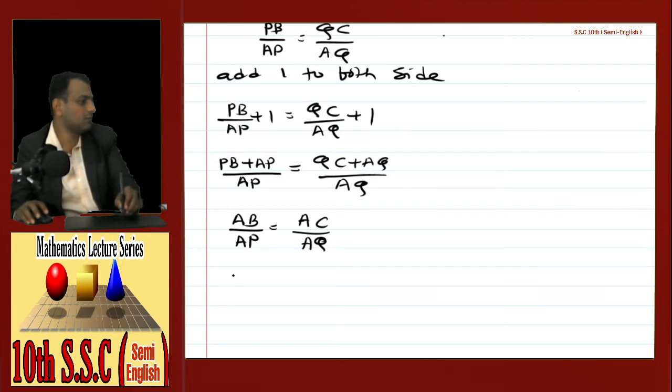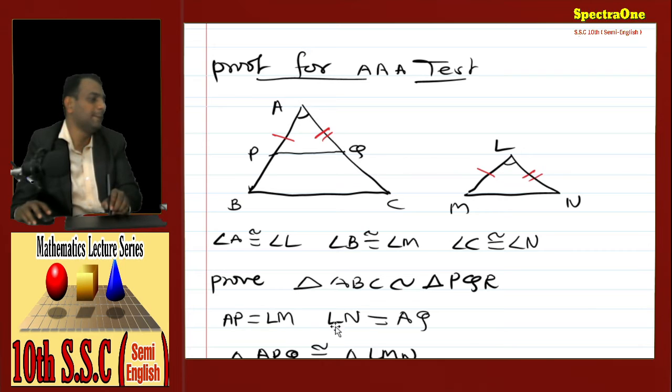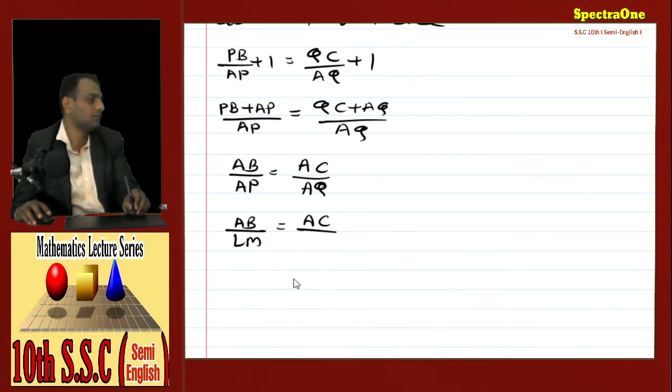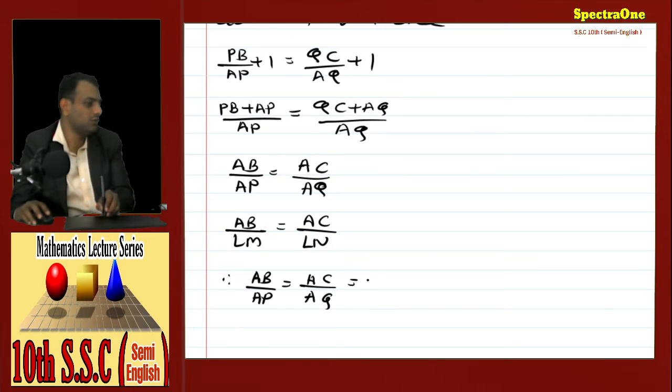Therefore, AB upon AP equal to AC upon AQ, which is also equal to AB upon LM equal to AC upon LN.